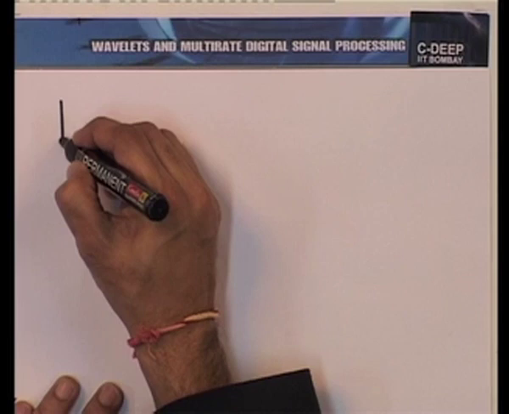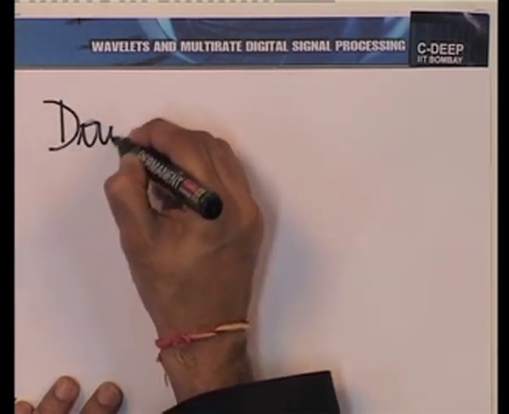So, in general, one could be talking about upsampling and downsampling by a factor of m, so to speak. And that is not too difficult to understand now that we have written down what downsampling by 2 means and what upsampling by 2 means. So, let us write it down. Downsampling by m in general.